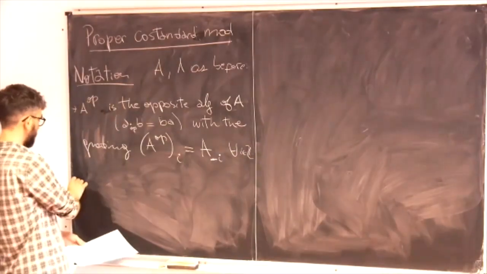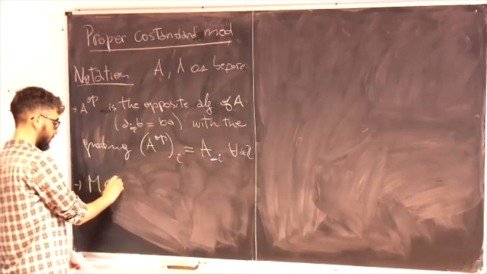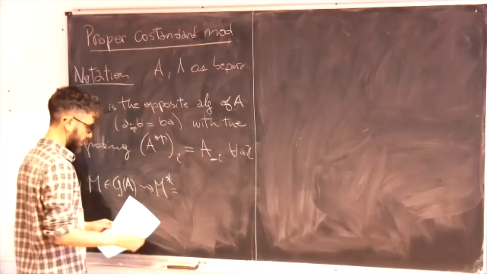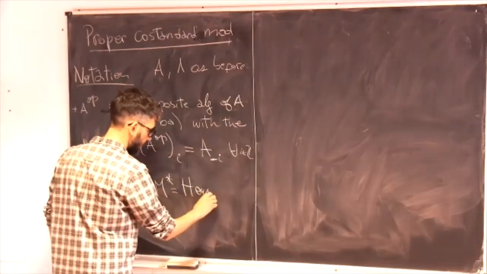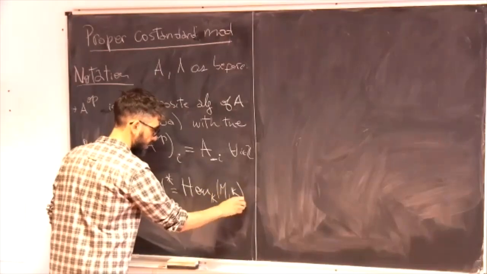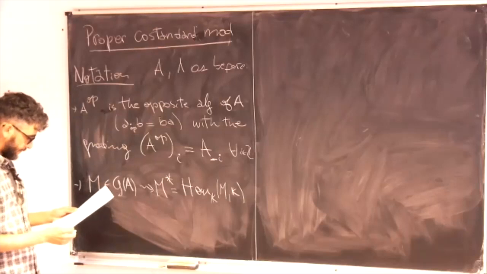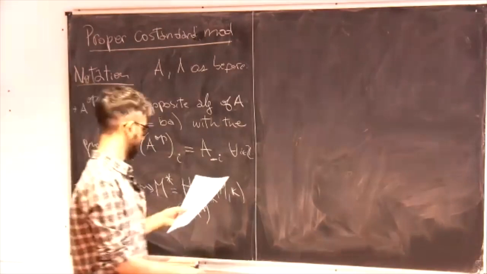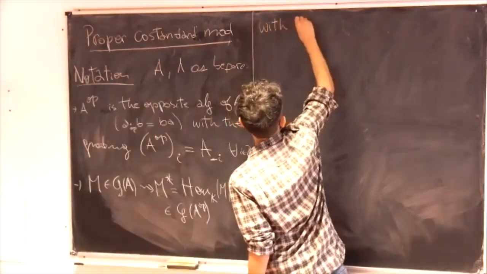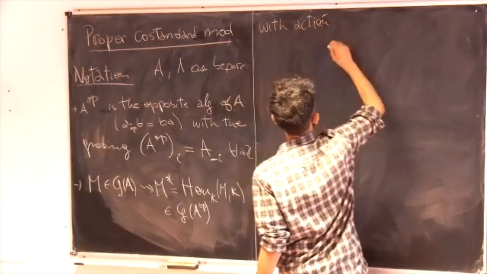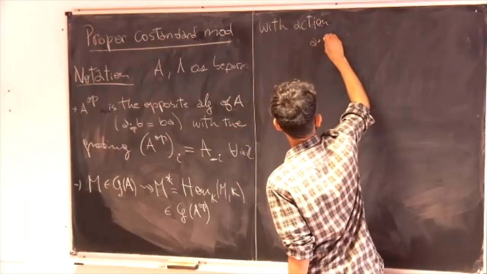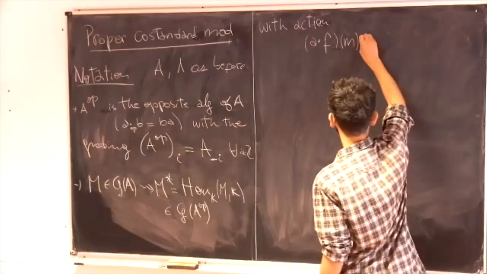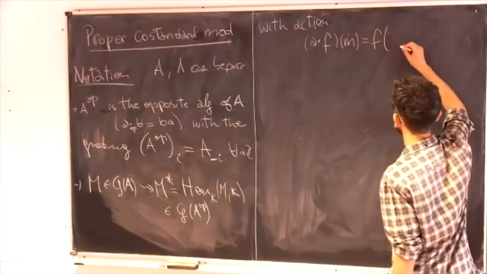And the other thing that I need to introduce is, if M is a graded module, then we define M dual, which is the space of linear morphisms from M to the field, and this is a module over the opposite algebra in the following way. With action, for a in A and f in the dual, a acting on f is the linear function obtained by applying f to a acting.